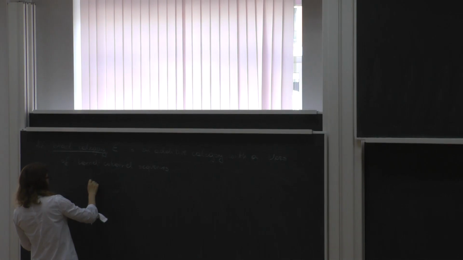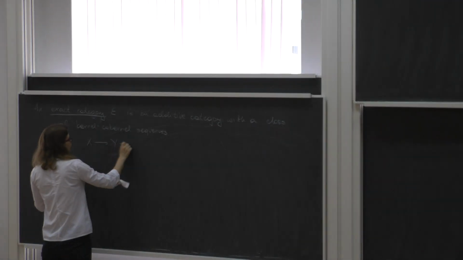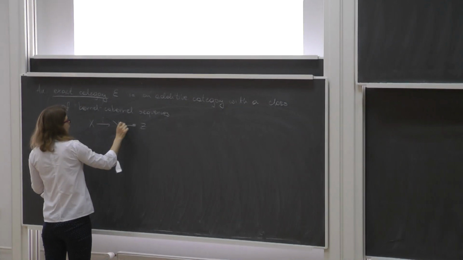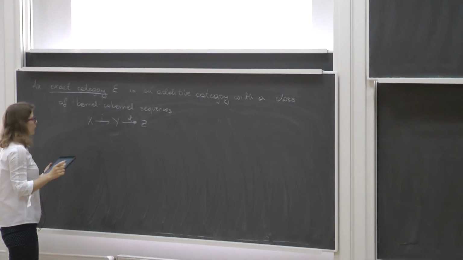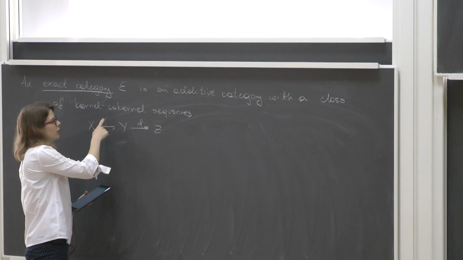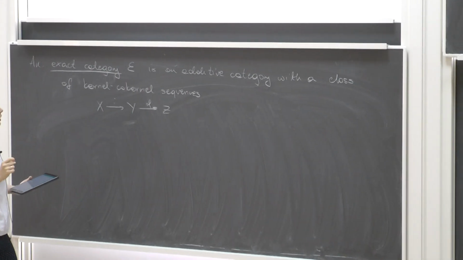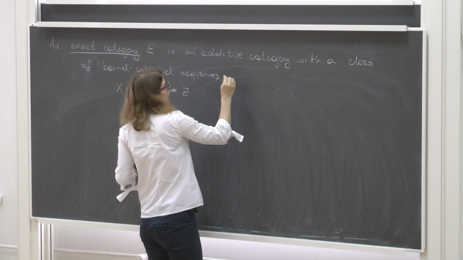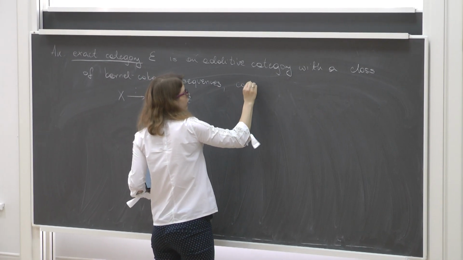So I have X goes to Y goes to Z. So X is the kernel of D, and D is the cokernel of I. They are called conflations.